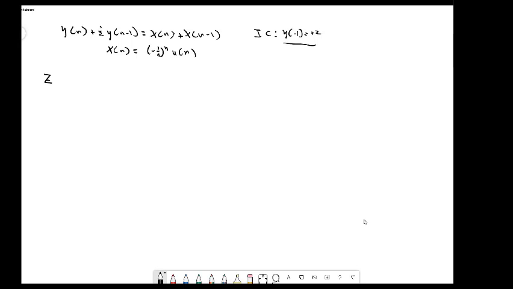For the zero state response, for the single input case, we're still working with the simpler equation, y[n] + 1/2 y[n-1] = x[n]. That's our single input case. And we go after that by first finding the forced response.